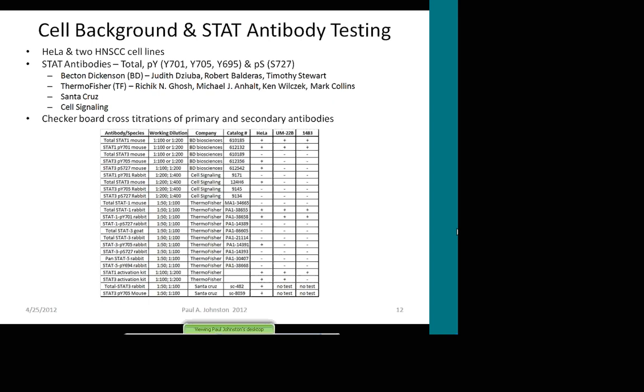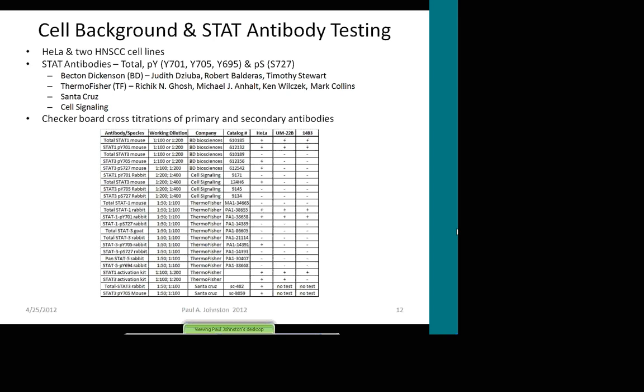And so what we did then was the usual catalog hopping. I identified which companies had phosphotyrosine and total and phosphoserine STAT3 and STAT1 antibodies and a number of other STAT antibodies. I would call out and say thanks to some of the folks at Becton Dickinson and Thermo Fisher who provided some of these antibodies to us free while we wanted to test them.